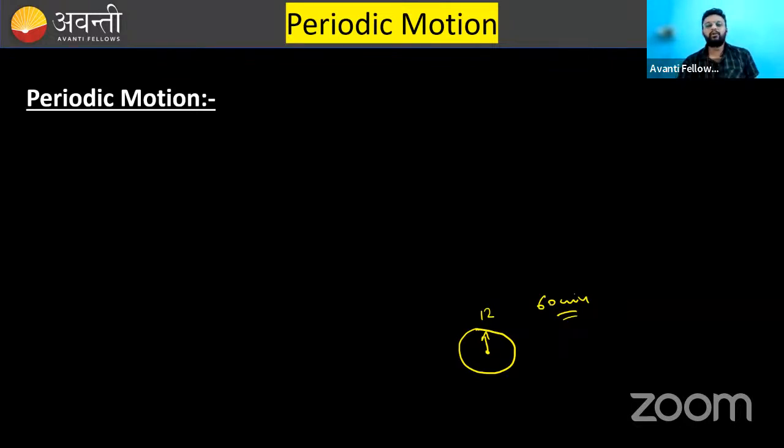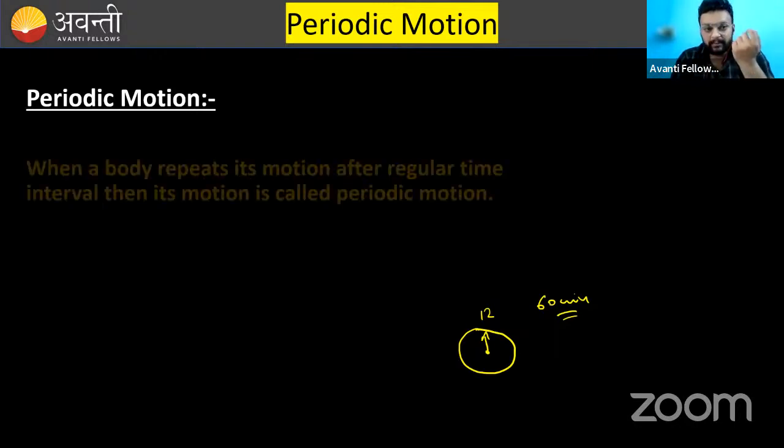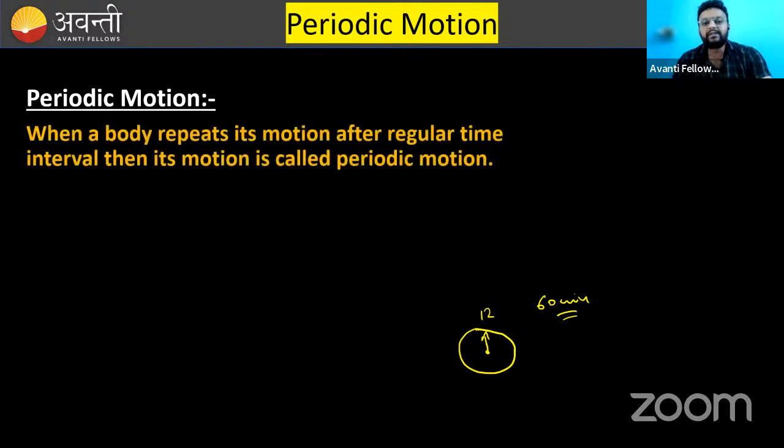This is again a periodic kind of motion, not exactly periodic, but you can consider it as periodic. So what is periodic motion? When a body repeats its motion after a regular time interval, you can say any fixed time interval, then its motion is called periodic motion.